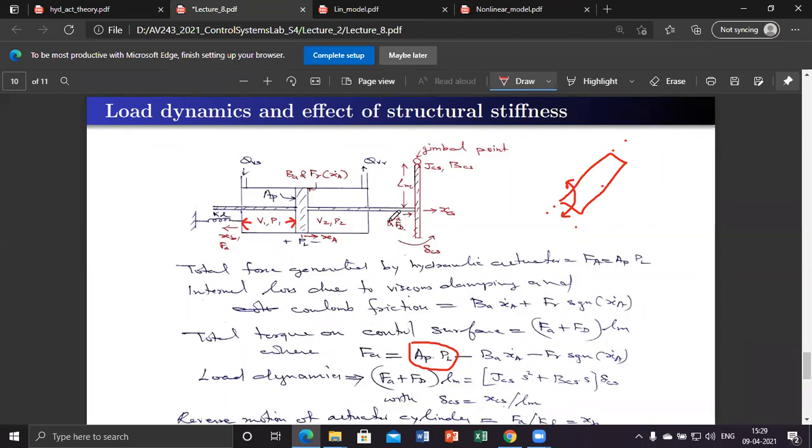The same FA will come here, because the action and reactions are balanced internally. They will be neutralized within the cylinder itself and will not reflect outside. Whereas this FA is the force which comes out, so it should go out also as a reaction. So the same FA acts at both the ends.